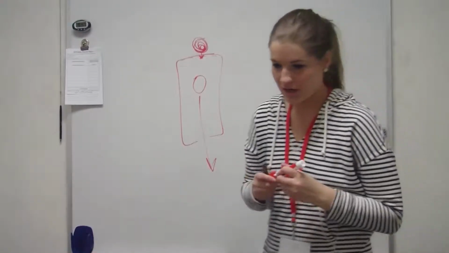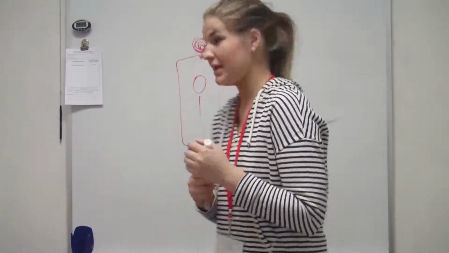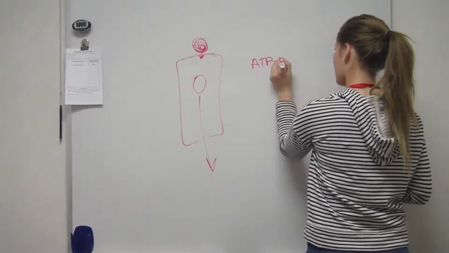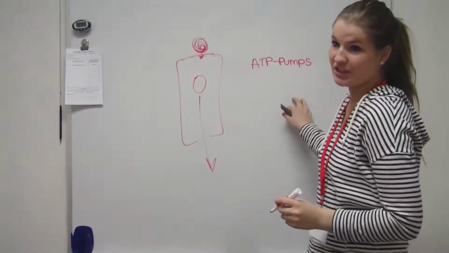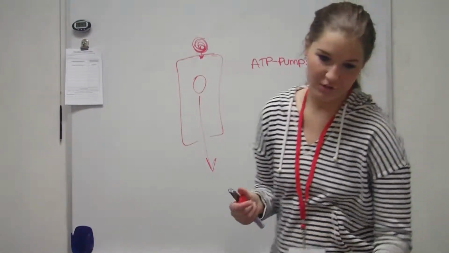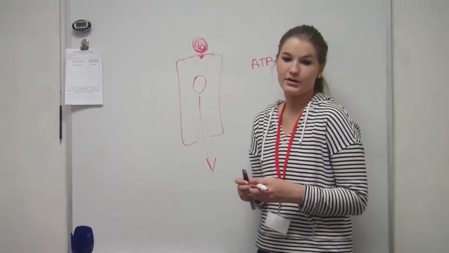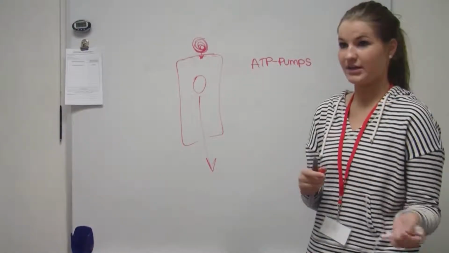And then for ATP-powered pumps, this one is going to have to use energy, and so there's the primary and the secondary. And then I think you had a question of secondary. Does secondary active transport require ATP in a roundabout way, so non-directly?